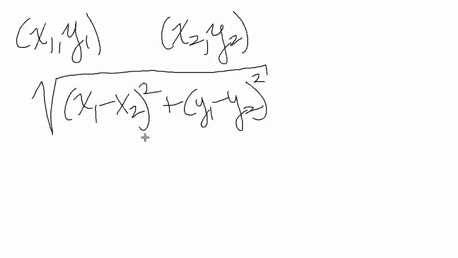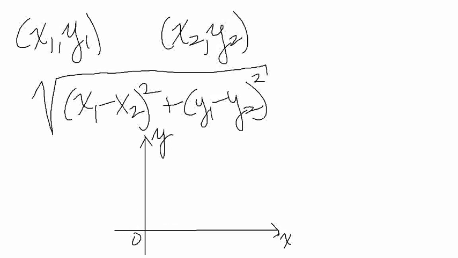Suppose that we had the following coordinate plane, and suppose that the 2 points were located on this plane as follows. Actually, before I locate the points, let me finish drawing the coordinate plane. All right, here we go.